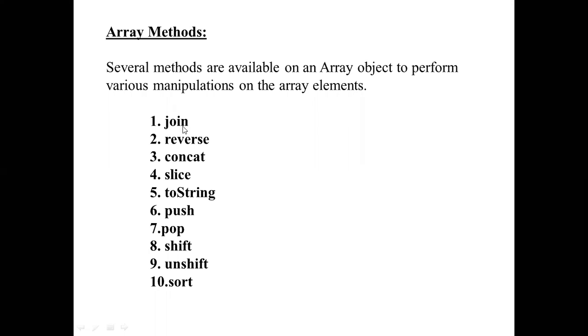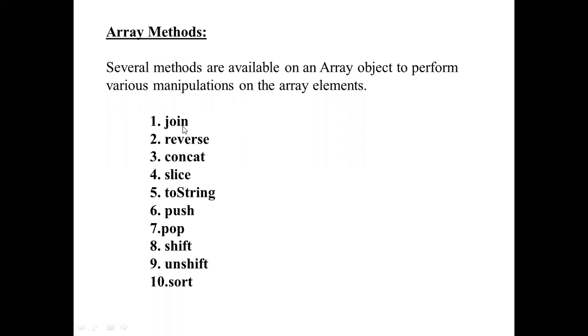First, the first method is join. The join method is used to convert the array elements into strings and join them into a single string separated by the specified string.